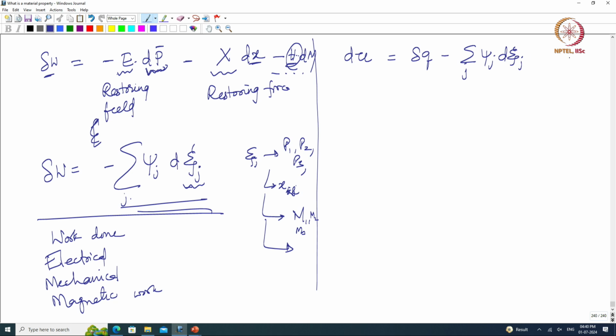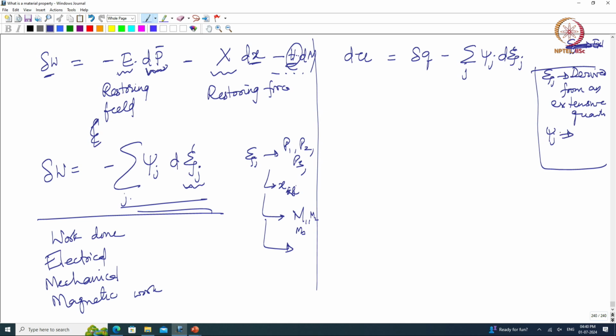So, where again E is some extensive quantity, or E is derived from an extensive quantity. This Greek symbol is derived from an extensive quantity. And psi j is the intensive quantity such as voltage, temperature, etc.